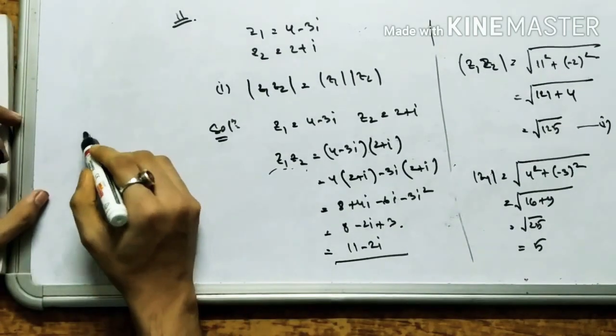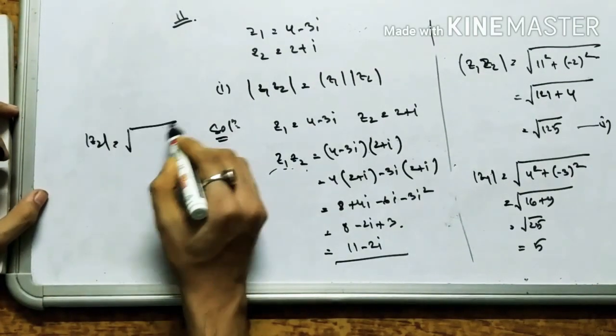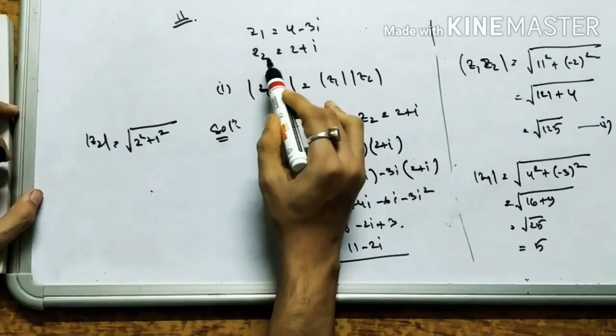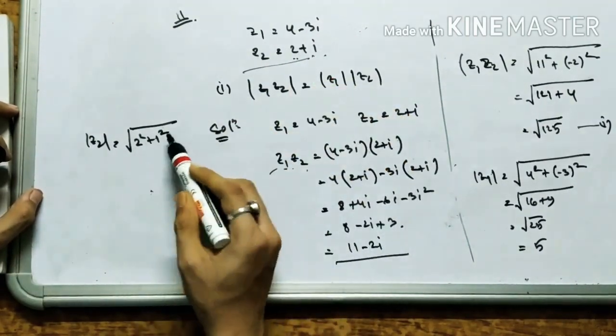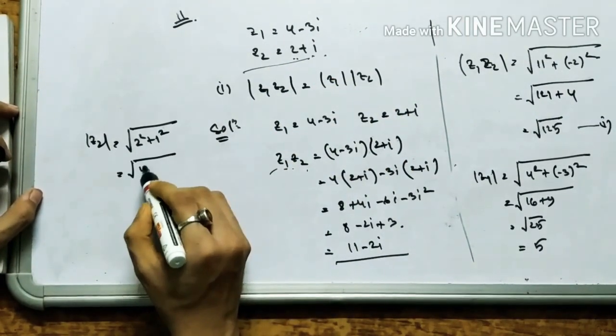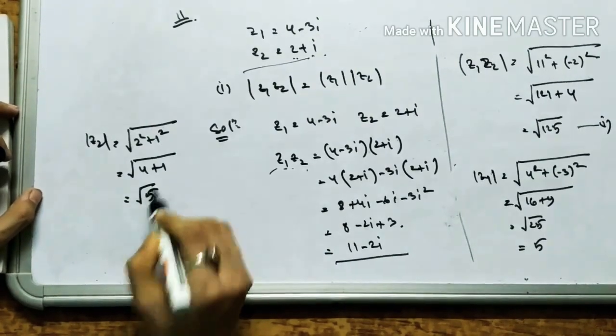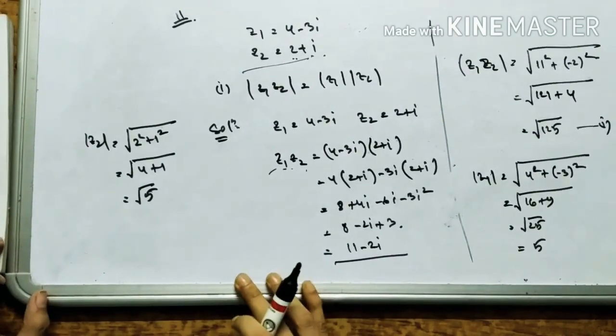Next it is modulus of Z2. Z2 is 2 plus i, so it will be root over 2 square plus 1 square, root over 4 plus 1, root over 5 I will get.